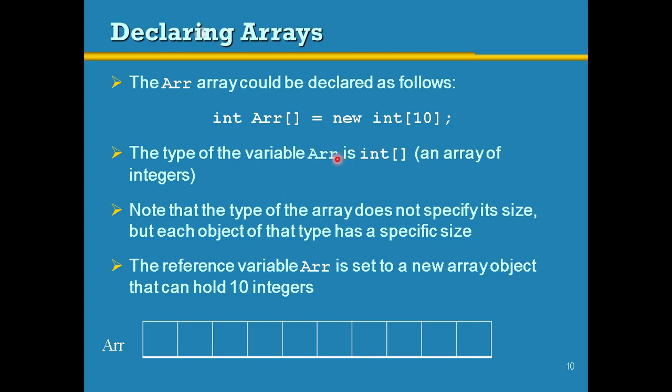Let us see one example of how to declare an array. First, this is the official way of declaring an array. Int means data type. ARR is the array name. See, the second method I have followed here. Int ARR is equal to new int 10. This is the original way of declaring an array. Since this is a reference variable, an object type, the new operator is used.